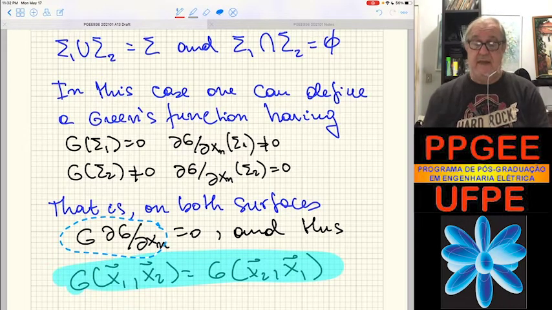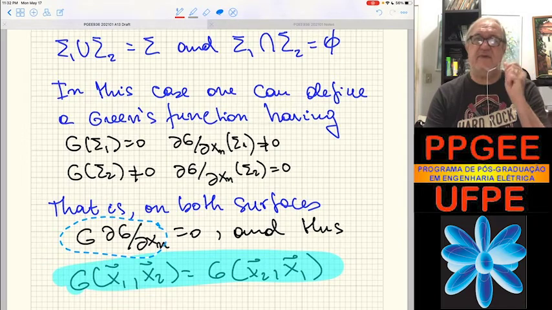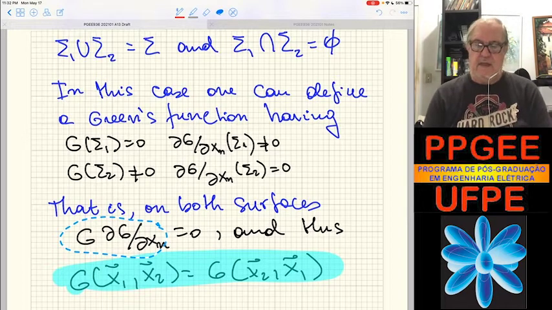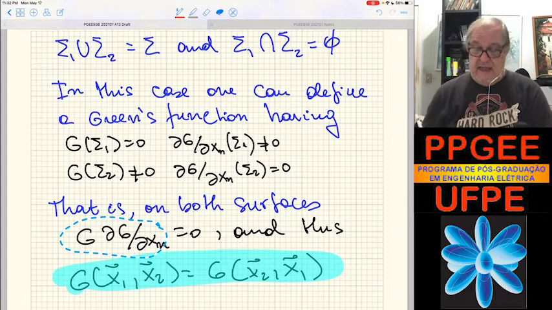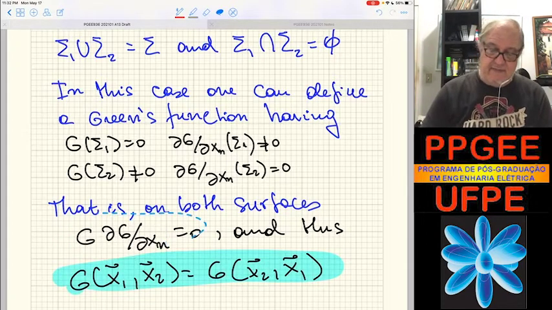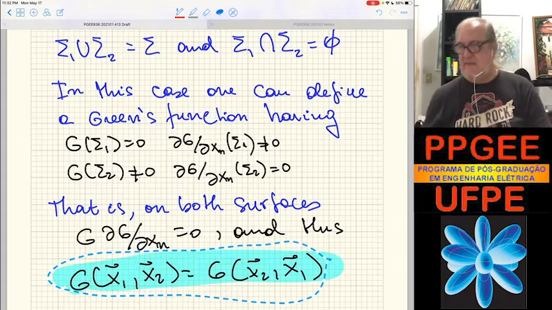It's the other way around. I mean, the normal derivative of the Green's function is 0 when the potential is given. Okay. So if we do that, then it doesn't depend on the potential value. So if we do that, it means that the product is always 0, and again, Green's function is symmetric.